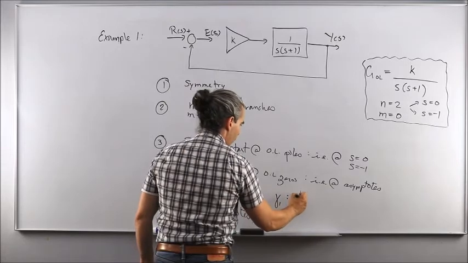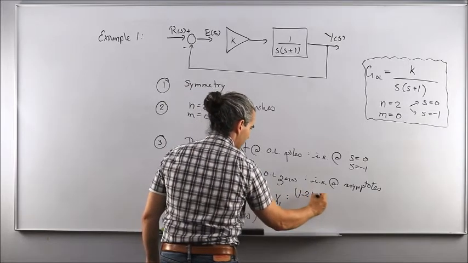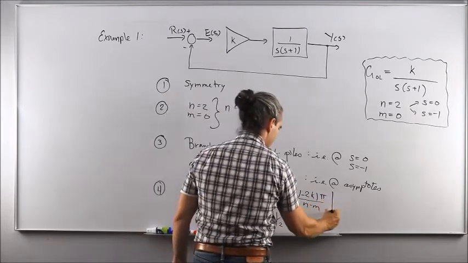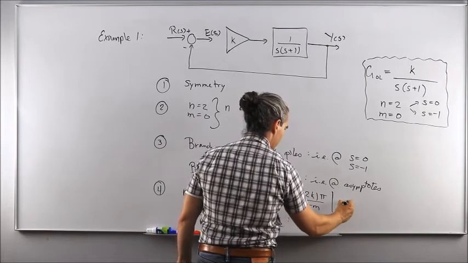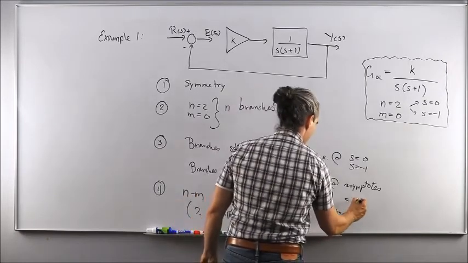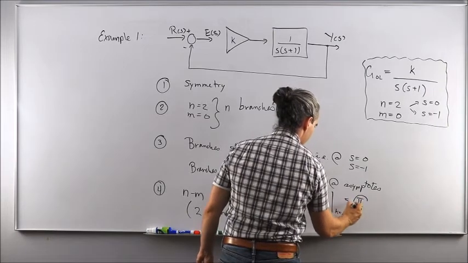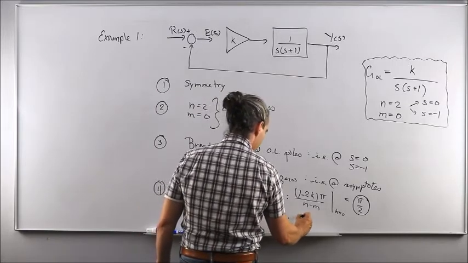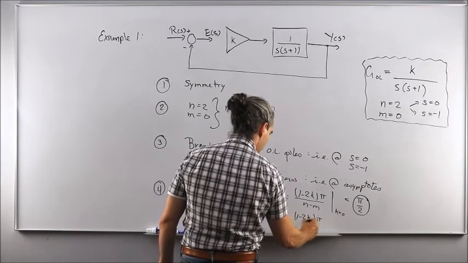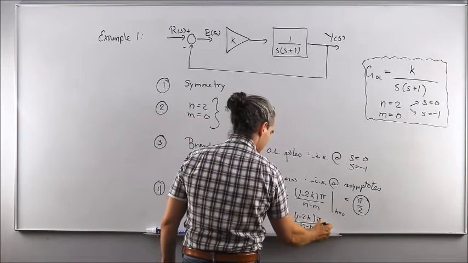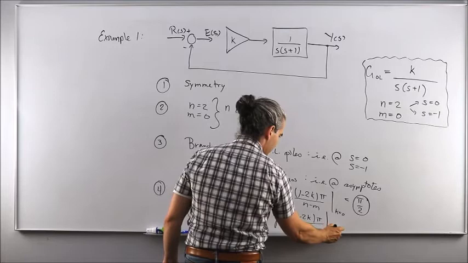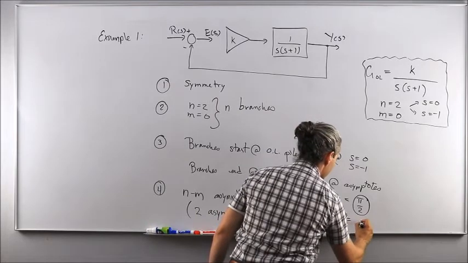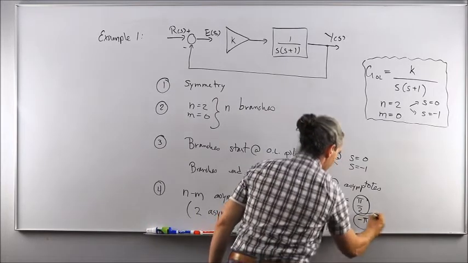And that is your 1 minus 2k pi over n minus m. This one is calculated with k equals 0, and therefore you end up with pi over 2 for the orientation of the first asymptote, and the orientation of the second asymptote, again 1 minus 2k pi over n minus m, but this time calculated with k equal to 1. And that gives you, sorry, minus pi over 2 for the second asymptote.